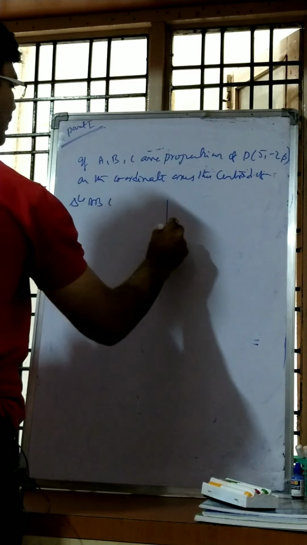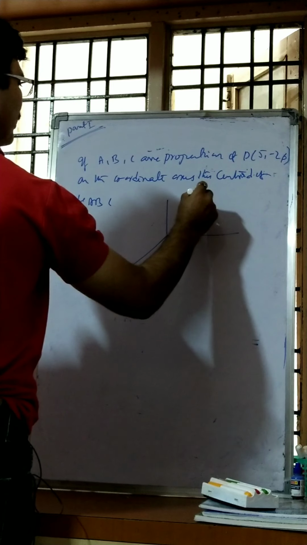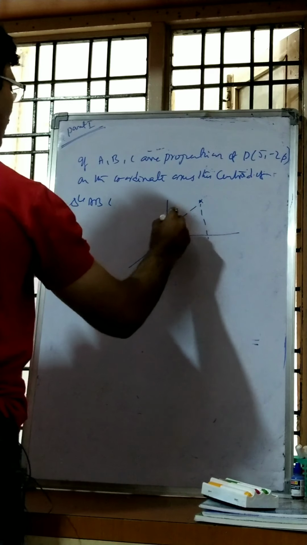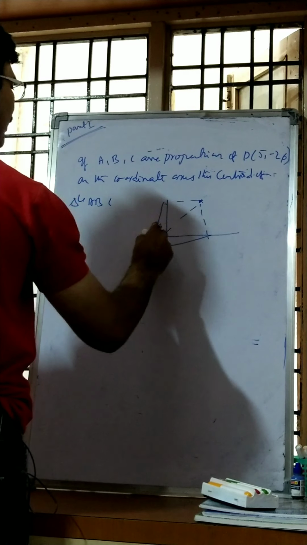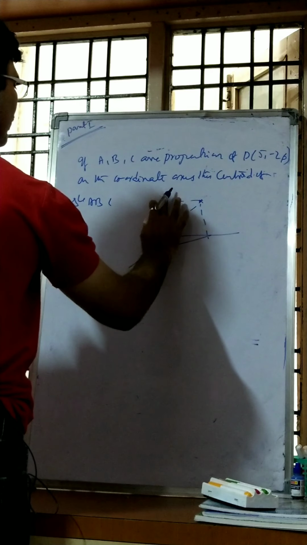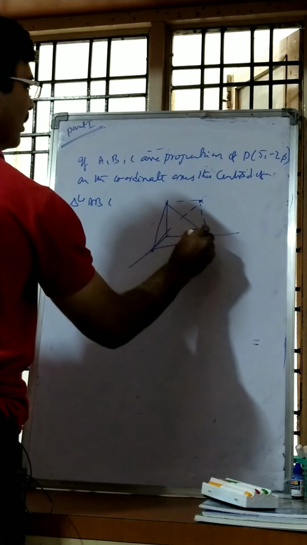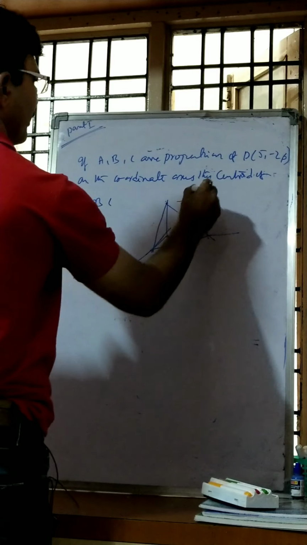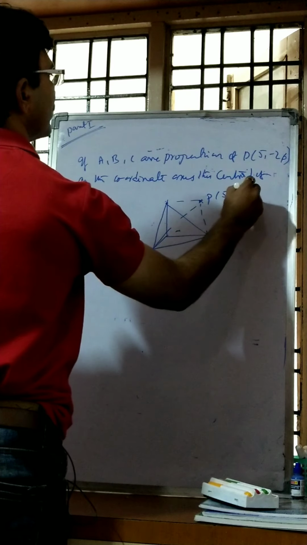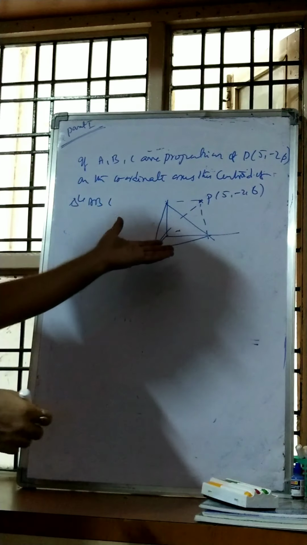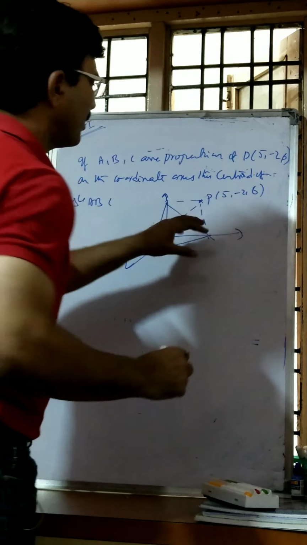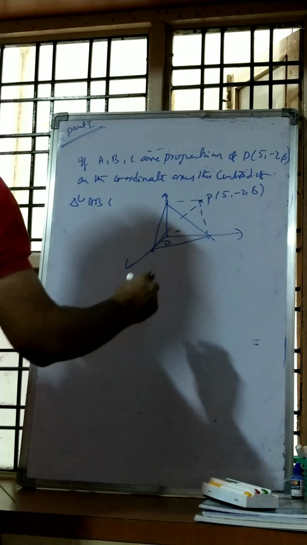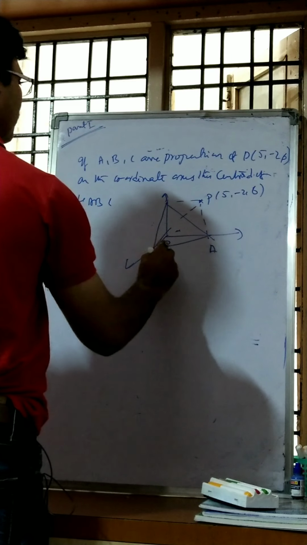See here, he said the projection of this point on the X, Y, Z axes. Now if you connect, they form a triangle. So for this triangle, what is the centroid? P is given as 5, minus 2, 6. It is a rough diagram, X, Y, Z. To get a better idea, I wrote here. Say this is A, this is B, this is C.